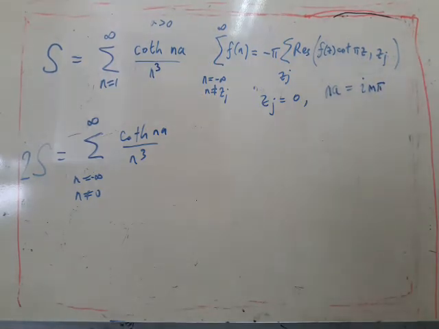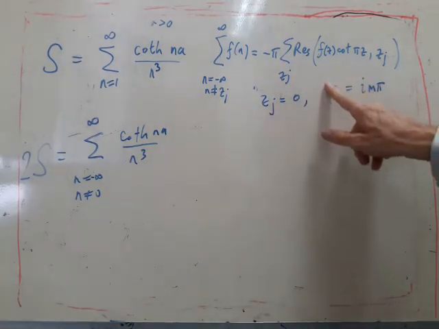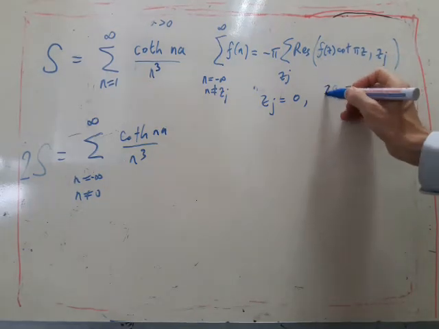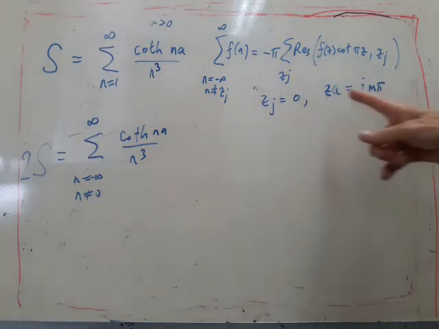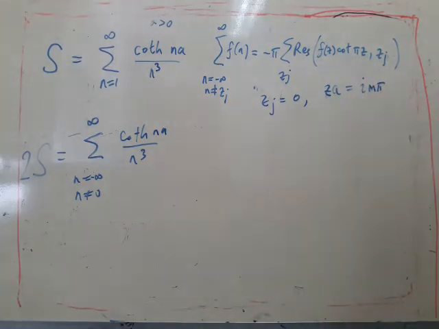So that means coth will have poles at those places. So I'm now writing everything in terms of z. So za equals i m pi. So I have poles at z equals i n pi over a.